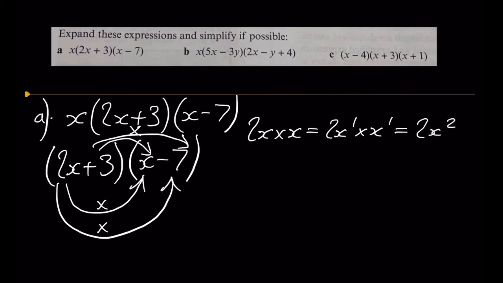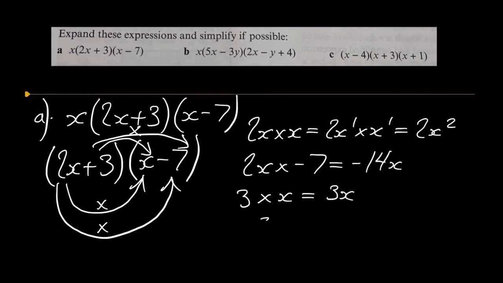And we've got 2x times minus 7, which is equal to minus 14x. And then we've got 3 times x, which is 3x. And lastly, 3 times minus 7, which is minus 21.